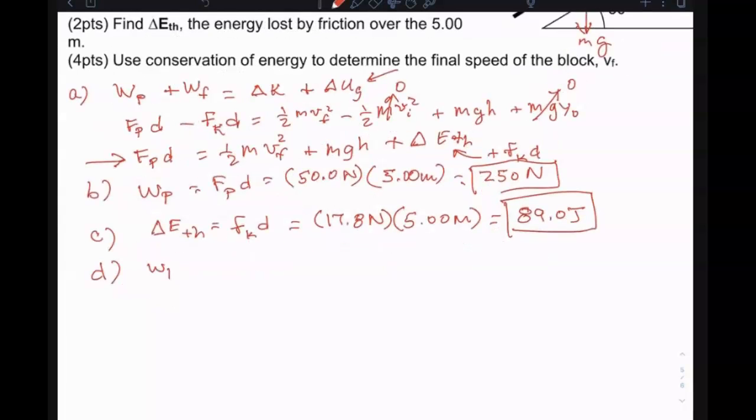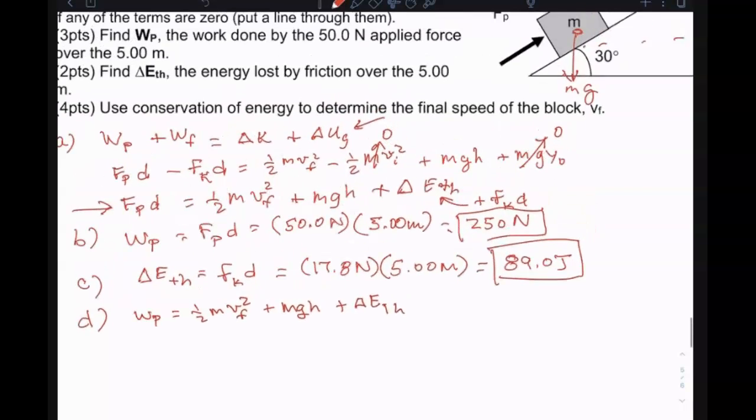The work, W sub p, which we've already calculated, is equal to 1/2 mv final squared plus mgh plus the change in the thermal energy.